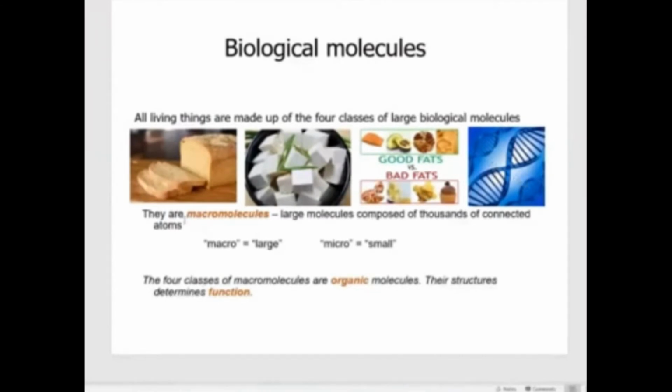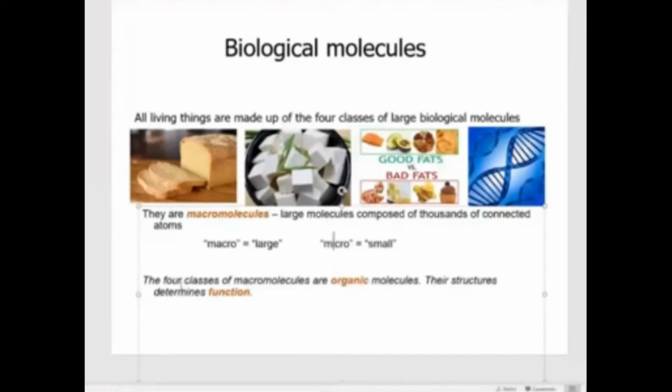All right, now let's look at this term macromolecules. Macro means large, big. But if you replace the A with an I, micro, that means small. For example, microorganisms are those living organisms that are so small that we can't really see them with our naked eyes, so usually you have to use a microscope.